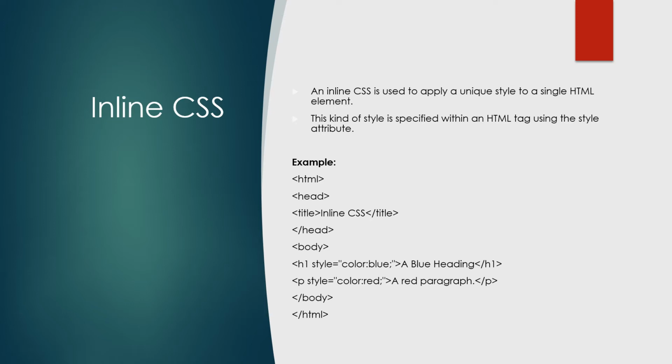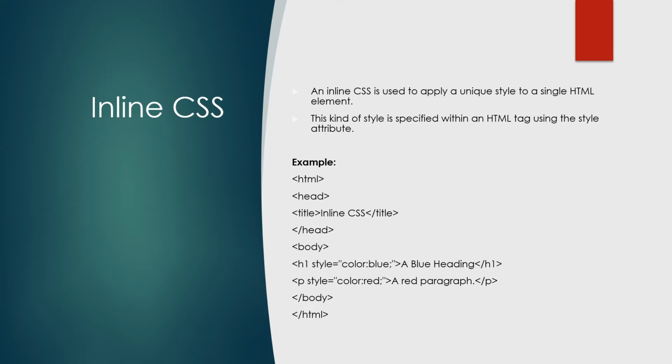An inline style sheet is used to apply a unique style to a single HTML element. That means we can apply a style to a single HTML element using inline CSS. This kind of style is specified within the HTML tag using the style attribute.